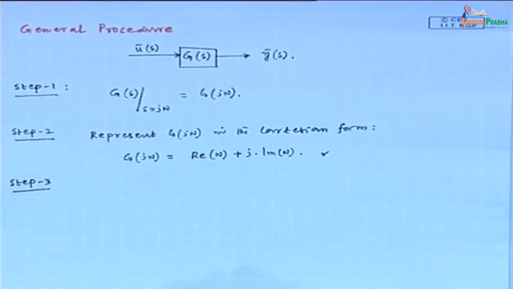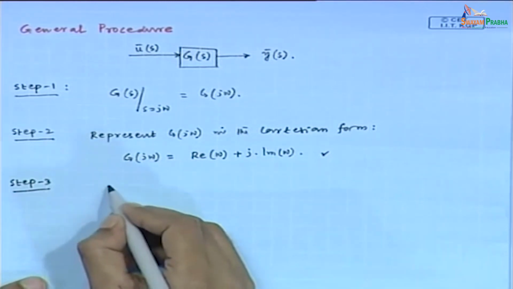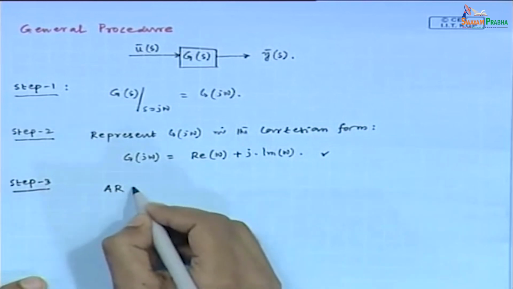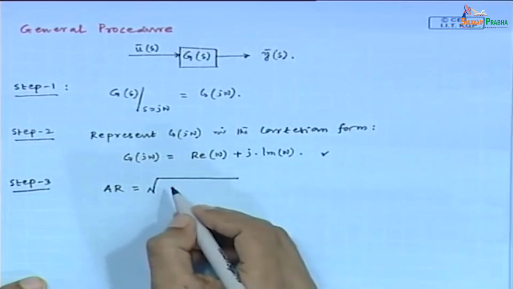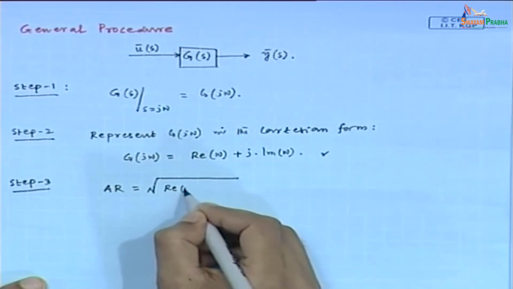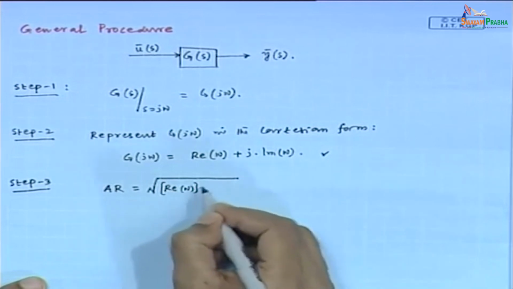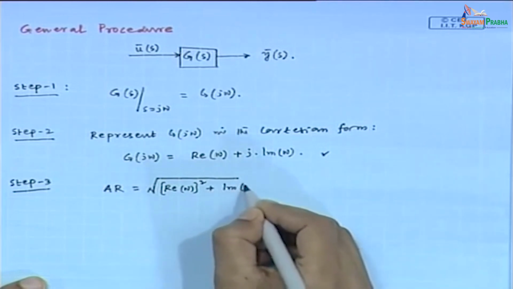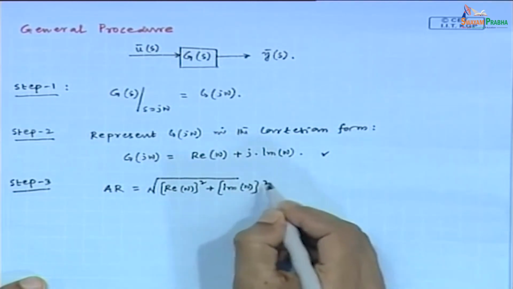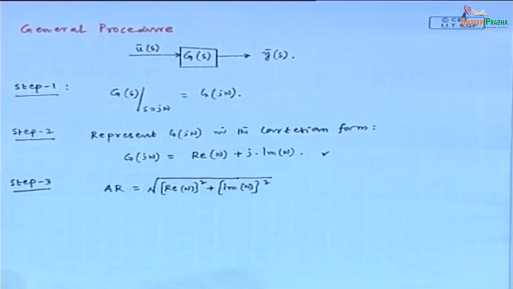In step 3, we can determine the amplitude ratio and phase angle. We know amplitude ratio equals root over of square of this real part plus square of this imaginary part. Fine. We can determine amplitude ratio using this.